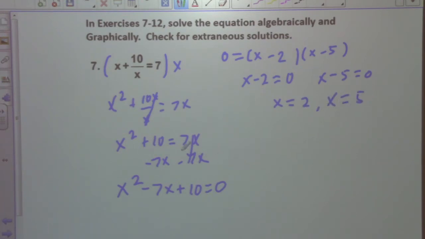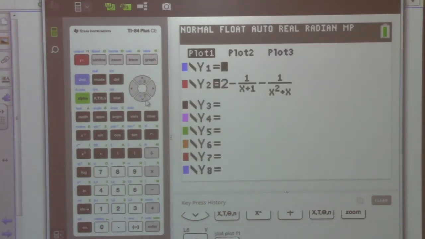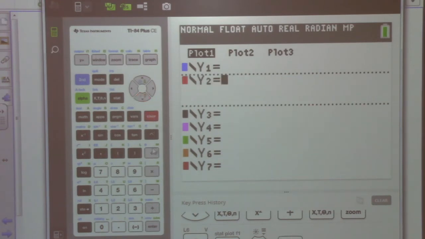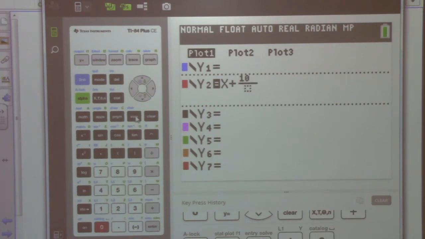And then the last thing we can do is, this set's a little different, it says solve algebraically and graphically. It doesn't say graphically confirm, so we'll just solve graphically. We're going to put x plus 10 over x equals 7.